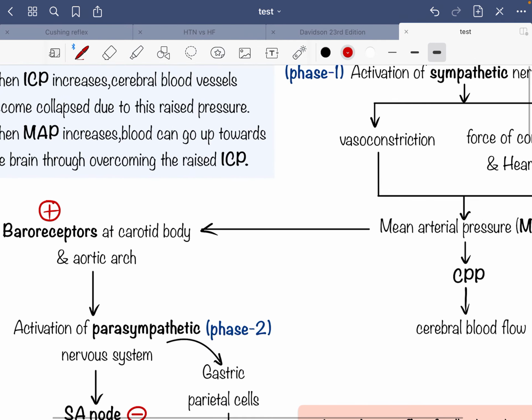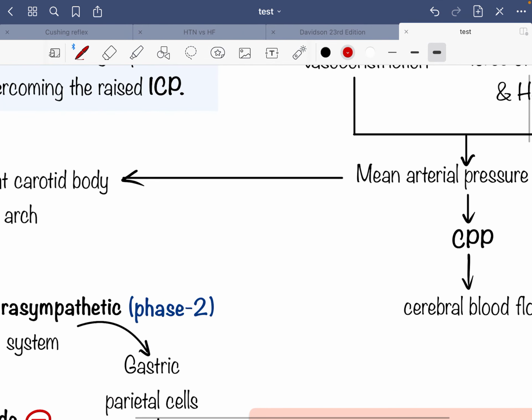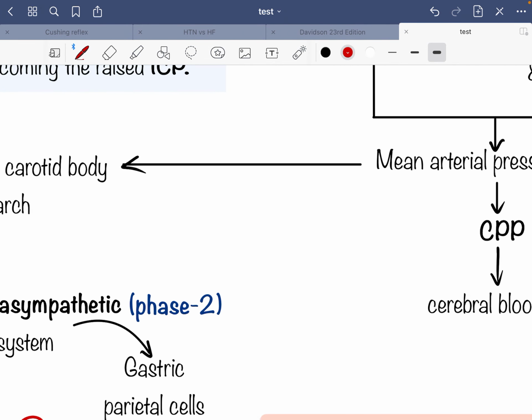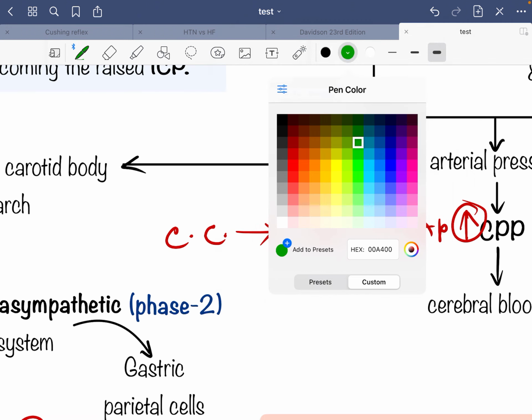So actually I want to write this to make you understand easily. That is, there are two things happening. One is the central chemoreceptor, which sends signals to the vasomotor center to increase the mean arterial pressure.